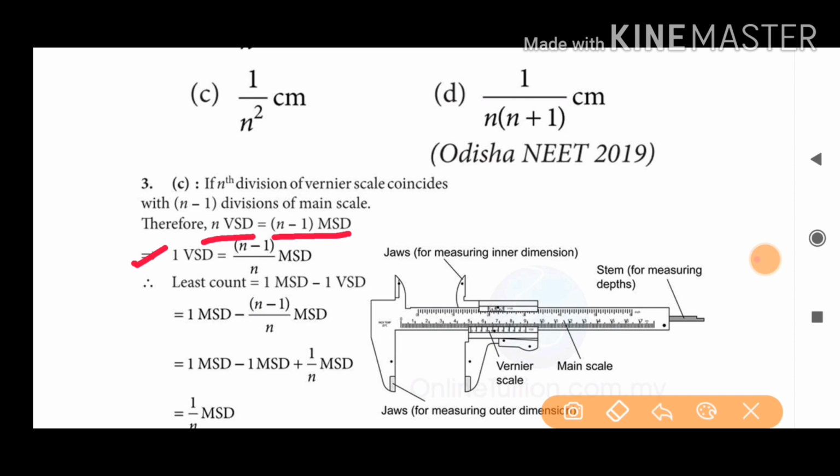The smallest reading which can be accurately measured with a vernier caliper is called its least count, or it is also called vernier constant. You can find least count by this equation: 1 main scale division minus 1 vernier scale division. This is the formula for determining least count.